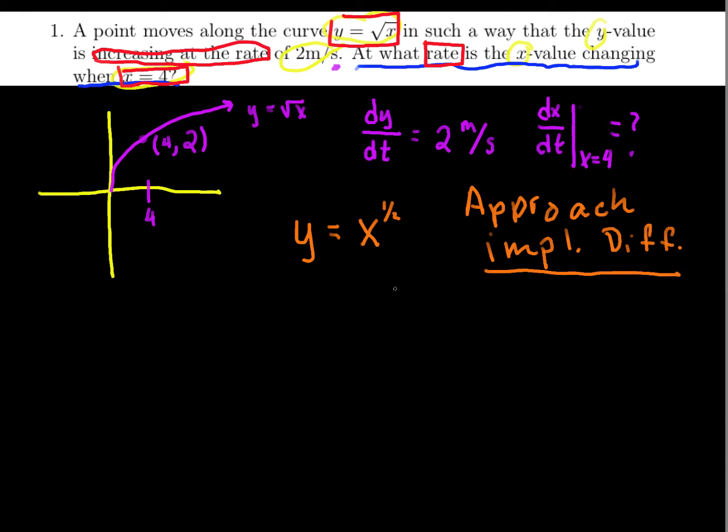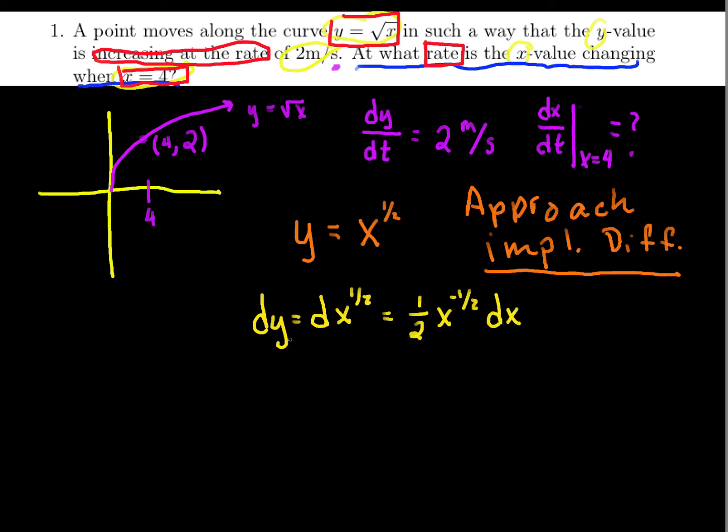So let's get to work then. I've got this relationship, y is equal to x to the 1/2. So I could differentiate both sides. This tells me that dy is equal to d of the function x to the 1/2, which is equal to 1/2 x to the negative 1/2 dx.